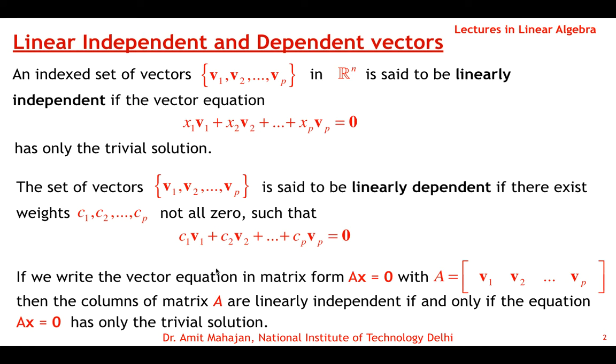Further, if we write the vector equation in matrix form, as I said, this forms a homogeneous system of equations which is always consistent. A is the matrix of the vectors v1, v2, vp, and the columns of the matrix A are linearly independent if and only if the homogeneous equation has only the trivial solution.